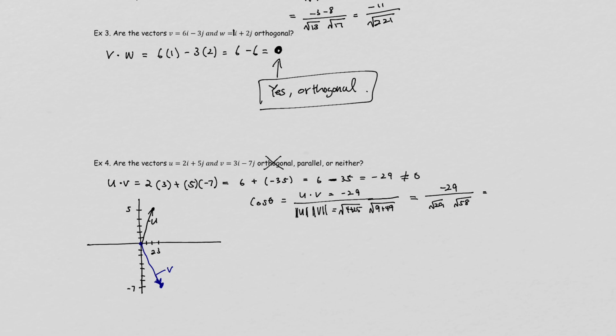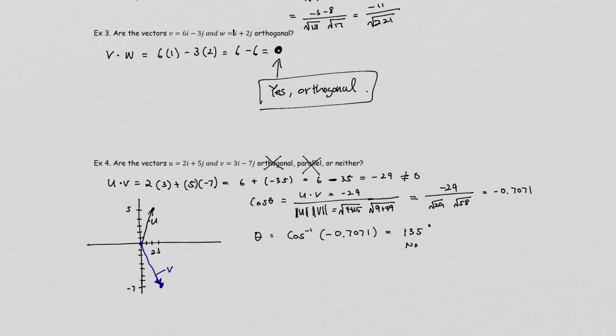When you plug in those values, you will get around negative 0.7071. So if cosine theta is that, your theta is going to be the cosine inverse of that value. Plug that into your calculator, it will give you around 135 degrees, which you can tell is not going to be parallel.